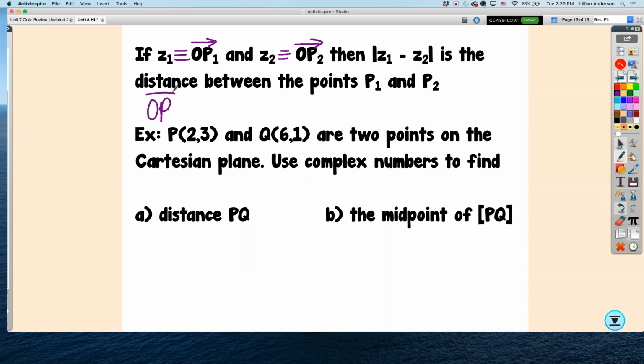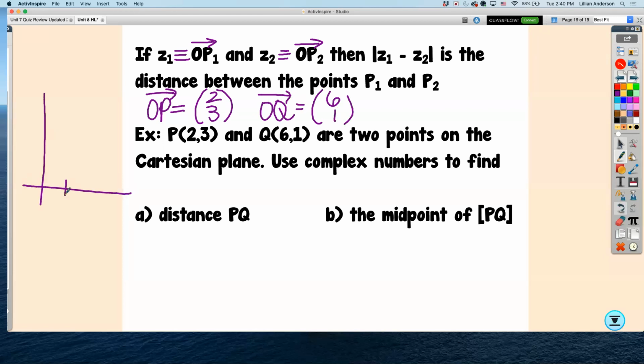Okay? So if I were to transfer these into vectors, what would OP be? 2, 3. And then OQ would be 6, 1. That's essentially what you have.